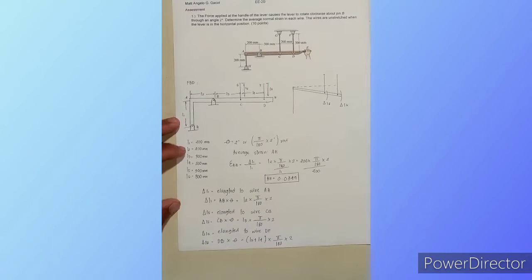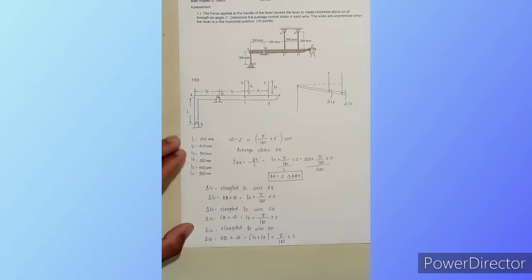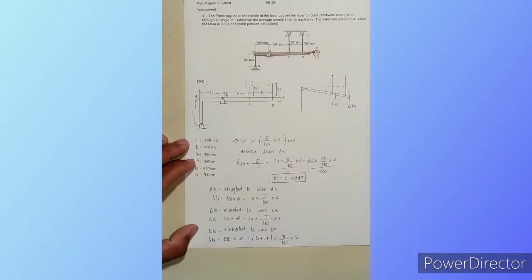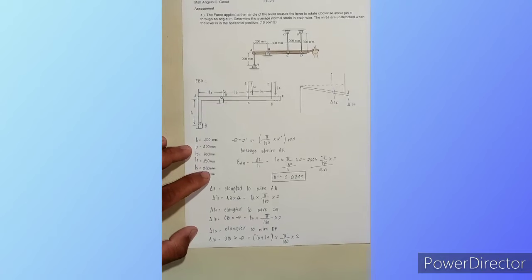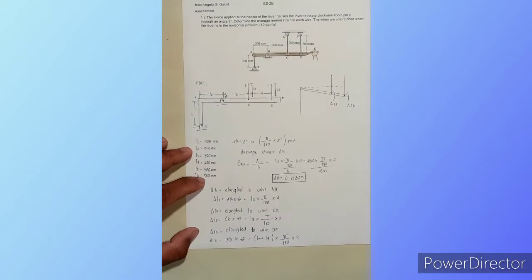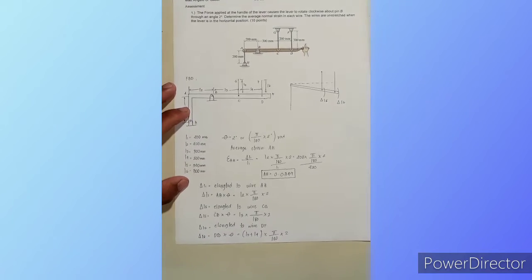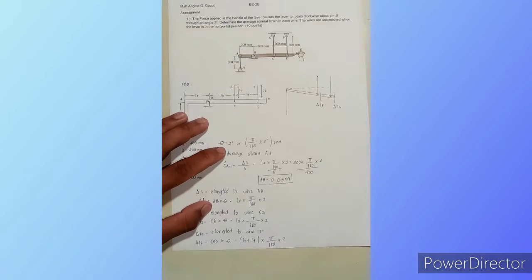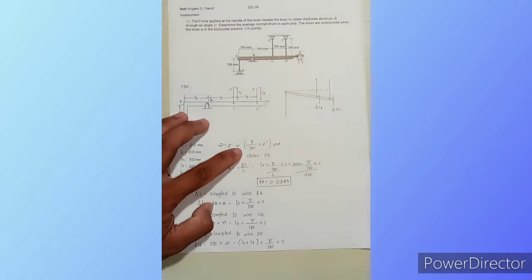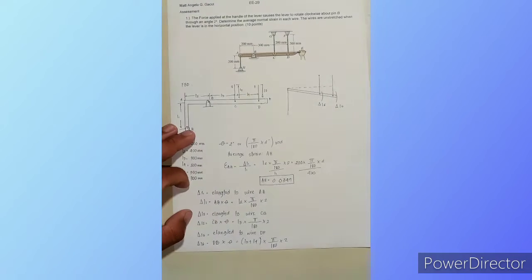So, for L1 is equal to 200 mm, L2 200 mm, L3 300 mm, L4 200 mm, L5 300 mm, and L6 300 mm. So, applying the formula, theta is equal to 2 degrees, or the quantity of pi all over 180 times 2 degrees rad.